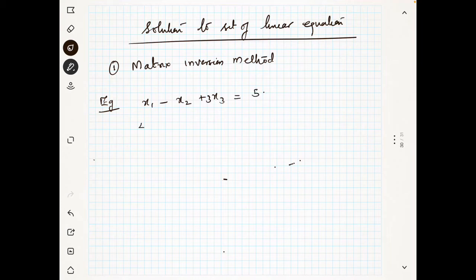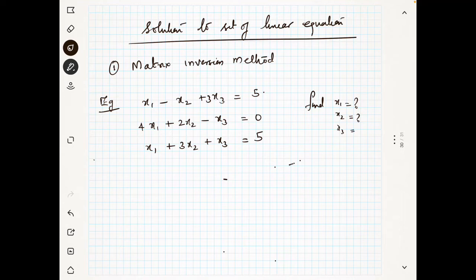Another equation: 4x1 plus 2x2 minus x3 is equal to 0. Then x1 plus 3x2 plus x3 is equal to 5. So this is the equation, and we want to find x1, x2 and x3.